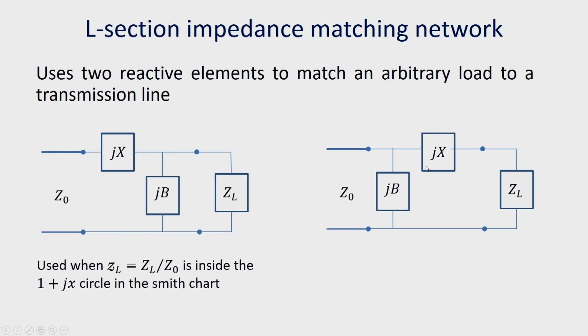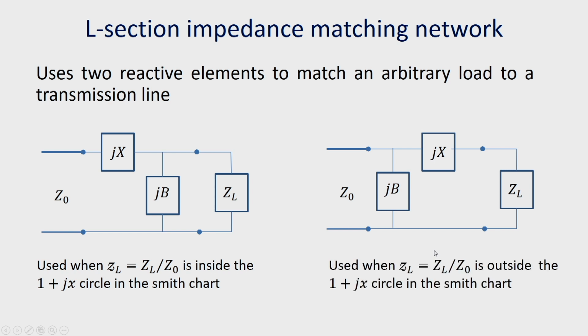Here jB is in parallel with the series combination of jX and ZL, and this type of matching network is suitable when the normalized impedance ZL is outside the 1 plus jx circle in the Smith chart.